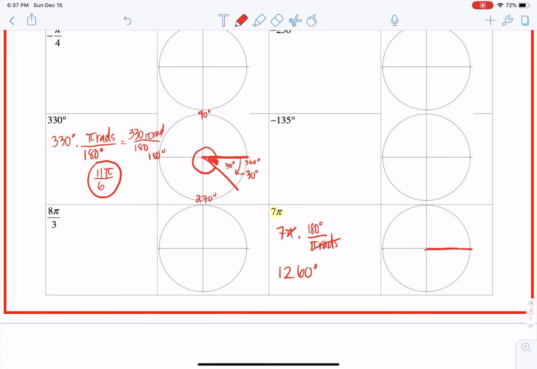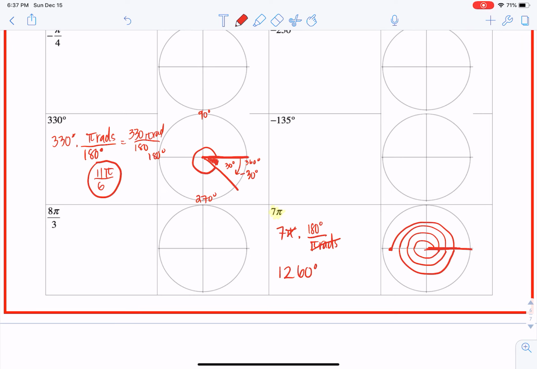So I know I can start here. This is the initial side of my angle. And if I go over here, that's 1 pi, that's 2 pi, that's 3 pi, 4 pi, 5 pi, 6 pi, and 7 pi. So I've come all the way around the circle so many times, measuring half circles each time because I know that half of the circle is pi radians.